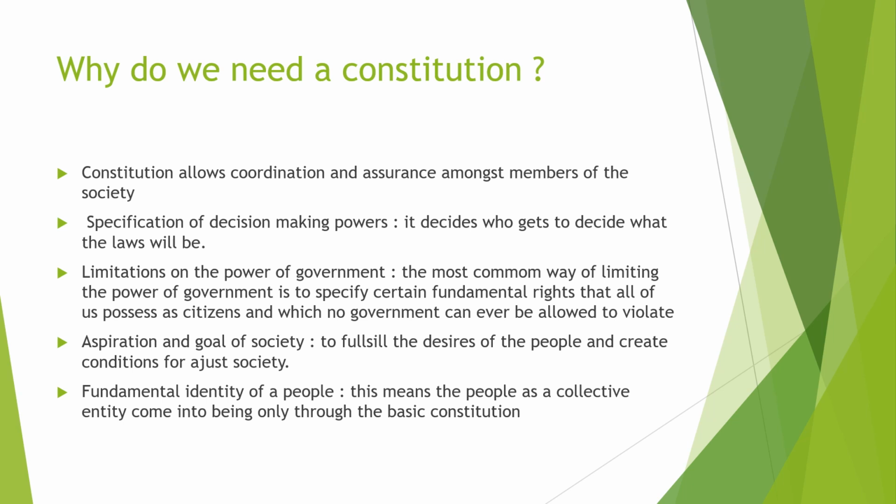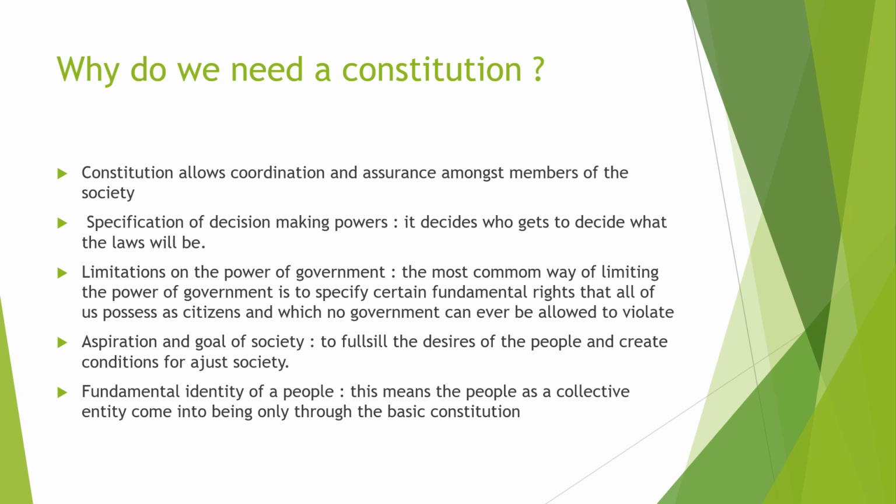For example, untouchability is banned from society now. It is banned because the people of the country don't want that. That is why, for maintaining a just society, the aspirations and goals of a society are to be kept in mind for a constitution.